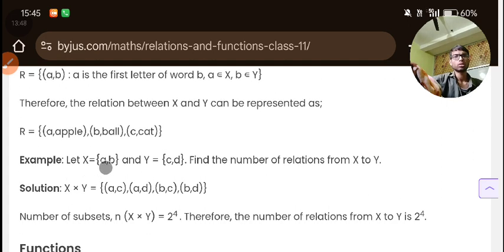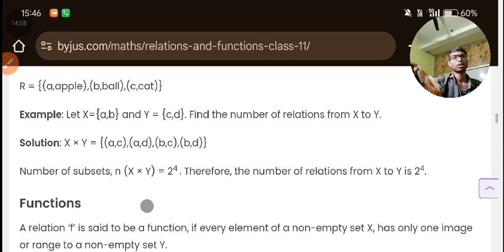Example: let x be a comma b and y be c comma d. Find the number of relations from x to y. X into y would be a comma c, then a comma d, b comma c, b comma d. This is a Cartesian product of sets.